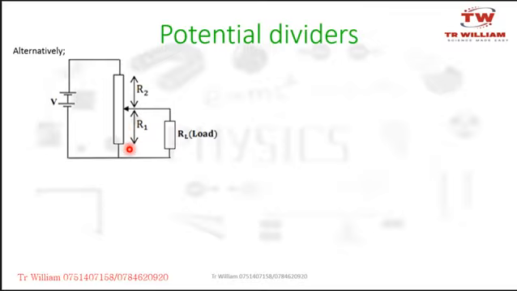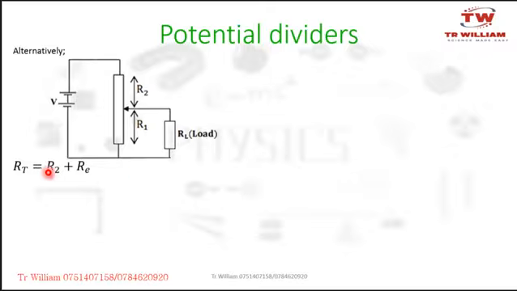It means if I want to get the total resistance in the circuit, the total resistance will be resistor R2 plus the effective resistance between R1 and RL. Remember, these two are in parallel connection. They are not in series with each other.